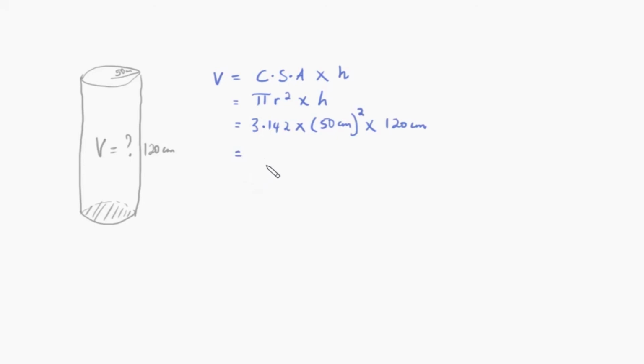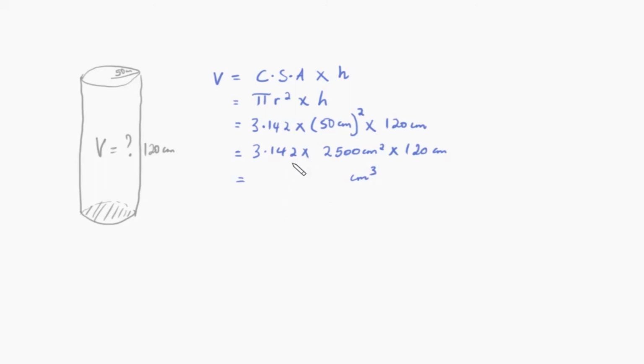We are going to have 50 times 50, 50 centimeters by 50 centimeters. So we are going to have 3.142 times 2,500 centimeters squared times 120 centimeters. Now, centimeter squared times centimeter is going to give us centimeters cubed.